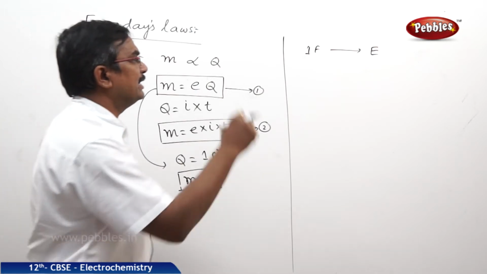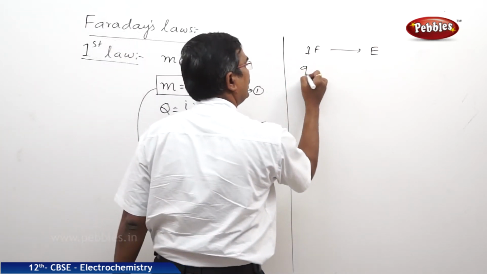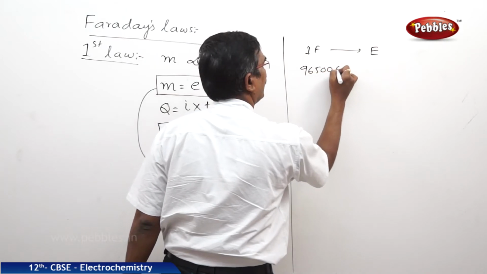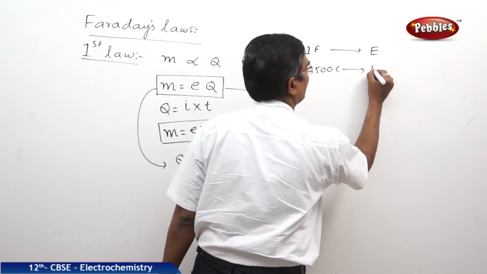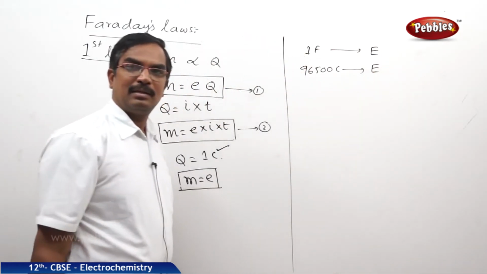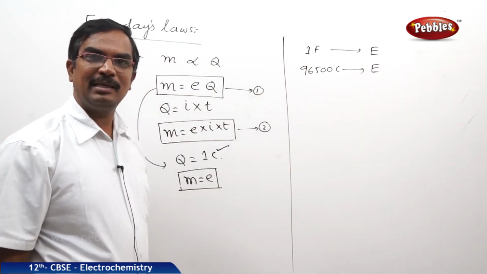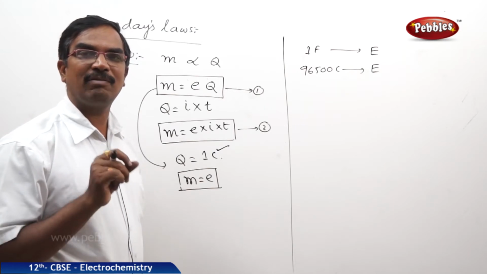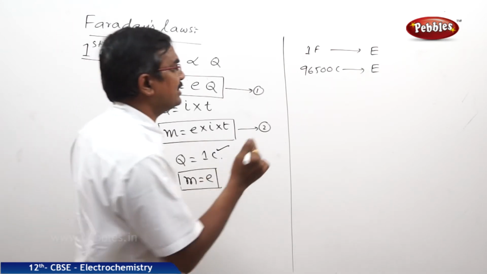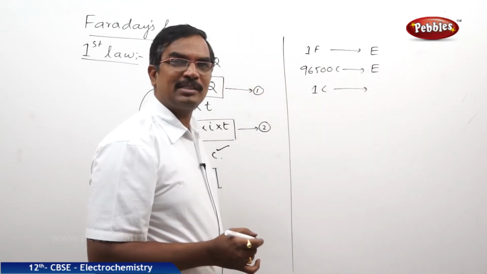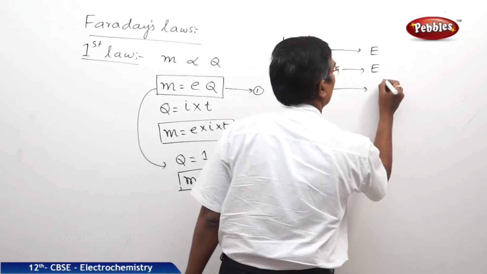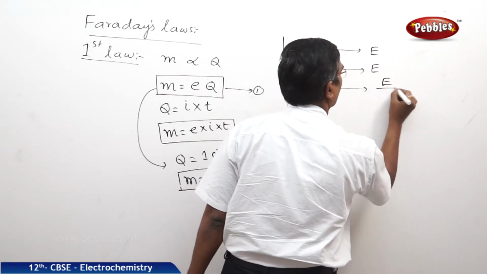So suppose I take 96,500 coulombs, this will deposit an amount of the substance equal to E. Here remember, E is nothing but the gram equivalent weight. So if I take only 1 coulomb, what is the substance that is deposited here? E divided by 96,500.